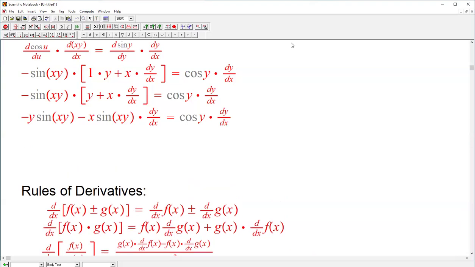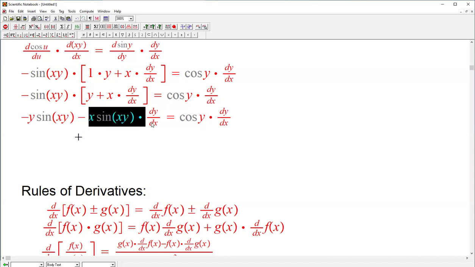By this time, we see we have our target dy/dx on both sides. So we're going to move them together. This part doesn't contain dy/dx, so that's going to be separated from the part with dy/dx.